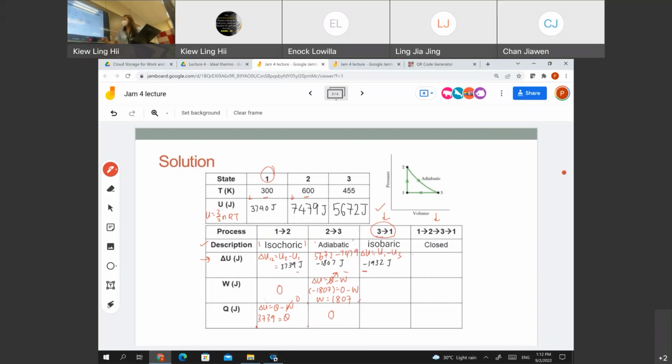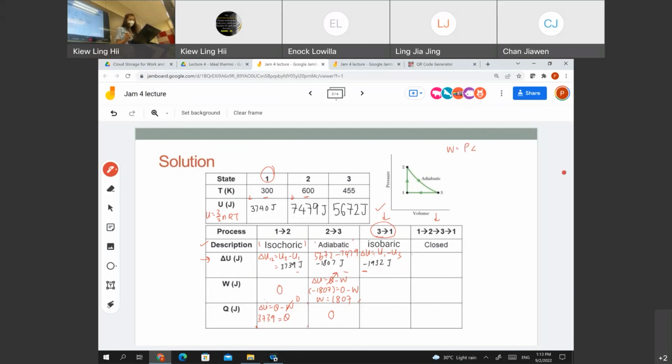Now, how to find for 3 to 1? We do not have information. Isobaric means same pressure. So how do we find our work done and heat? For here, work done can be found by P times delta V, right?